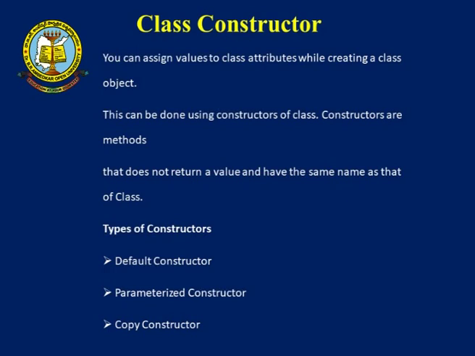See here, using a constructor you can initialize the member variables, or assign values to member variables or attributes. Here a constructor is one type of method in a class. It has the same name as the class name.